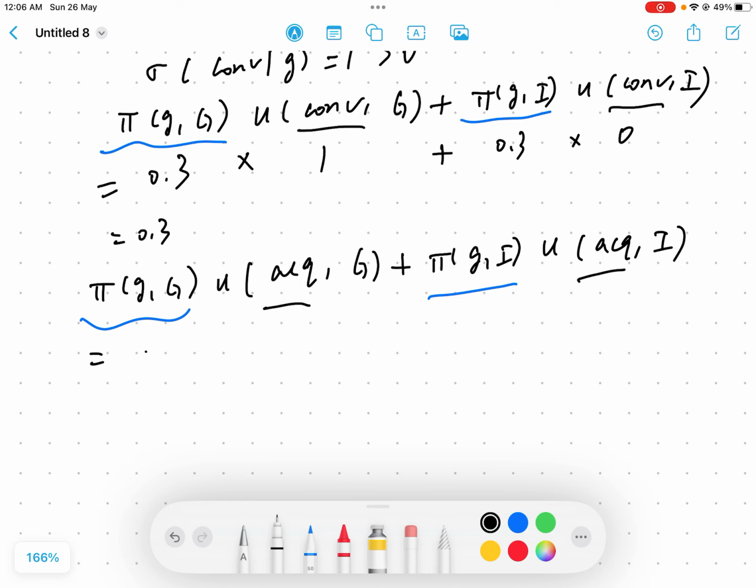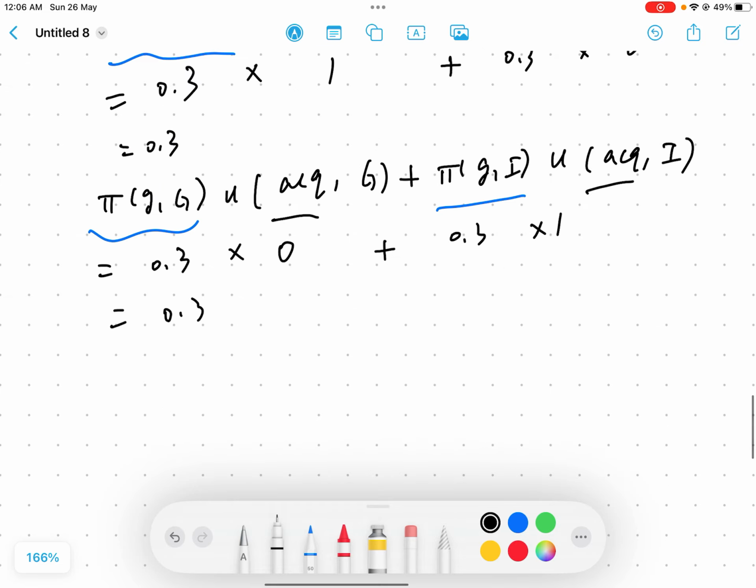This is nothing but 0.3 times 0 plus 0.3 times 1, and this is just 0.3 again. We can see that this 0.3 is of course greater than or equal to 0.3, so it satisfies our requirement.